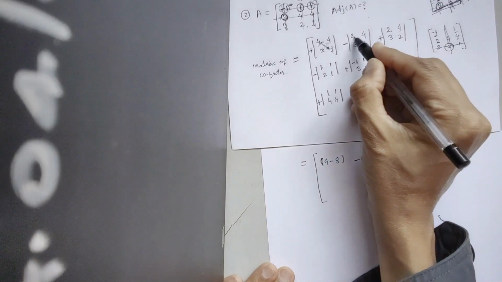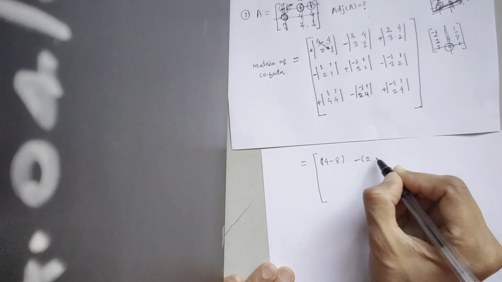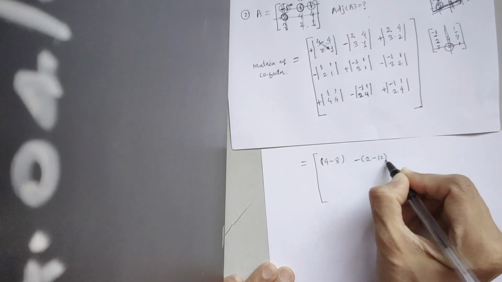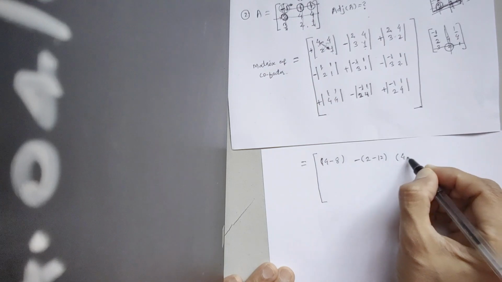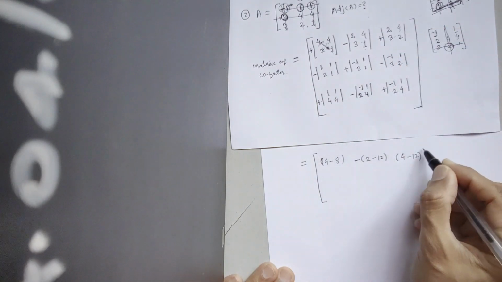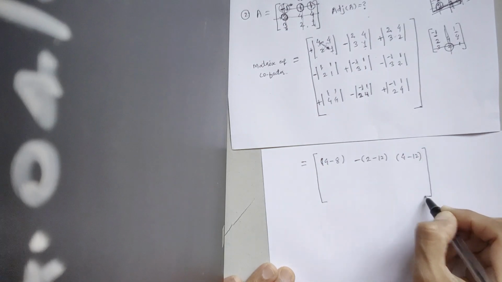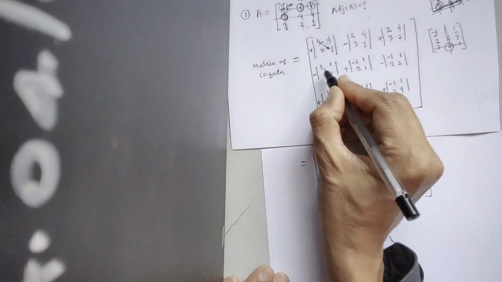Minus 2 into 1, 2, minus 12. 2 into 2 is 4, minus 12, 3 into 4 is 12. So I am closing the bracket. Minus sign outside, I am writing here 1.